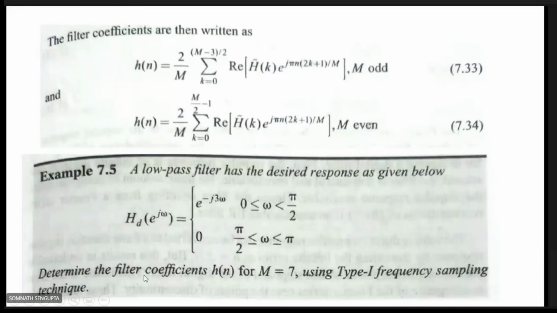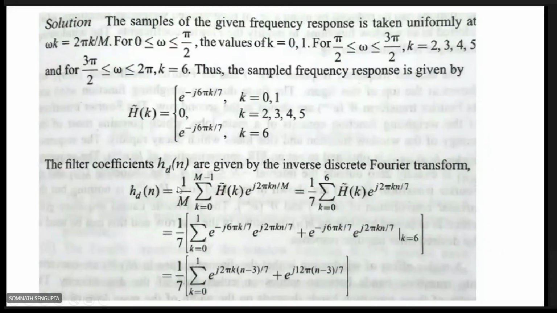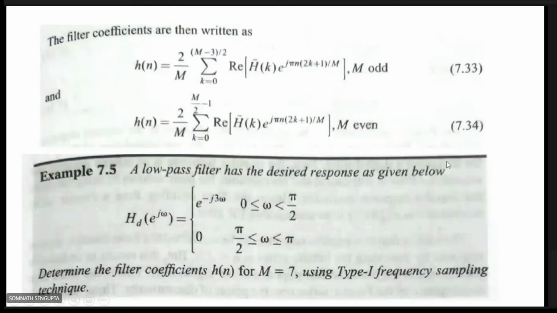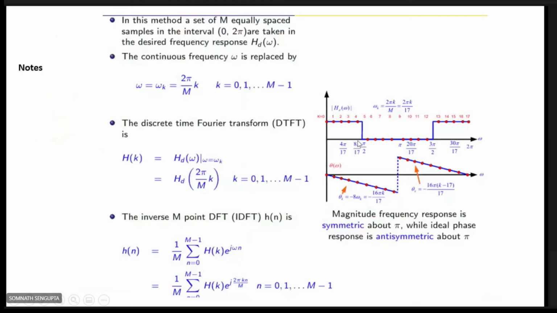Determine the filter coefficients h(n) for M equal to 7 using type 1 frequency sampling technique. According to this graph, they have assumed 17 points, but for our problem let us keep up to 6.